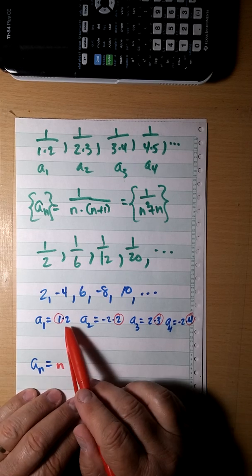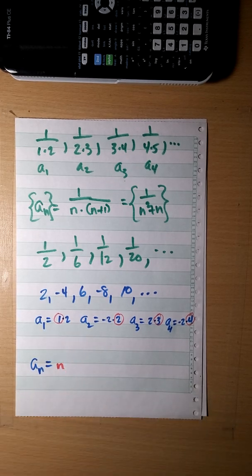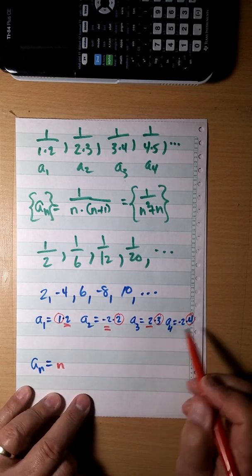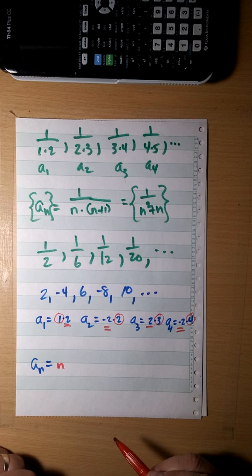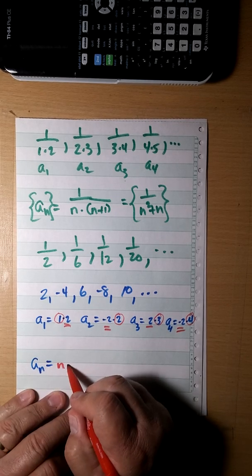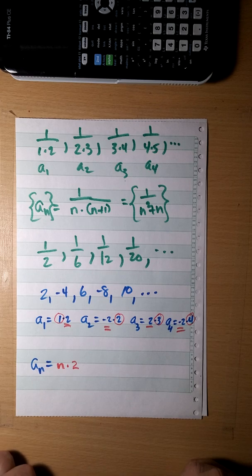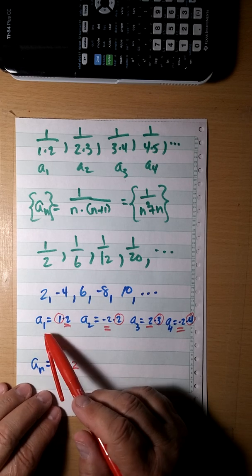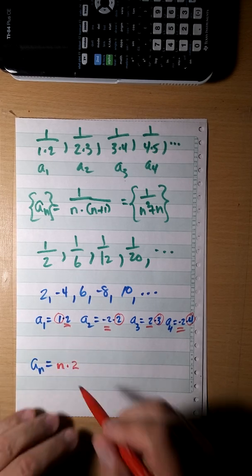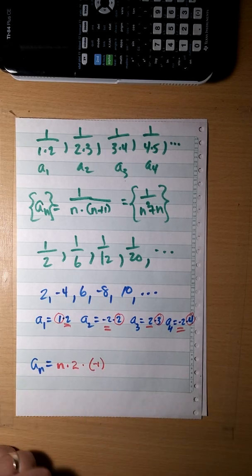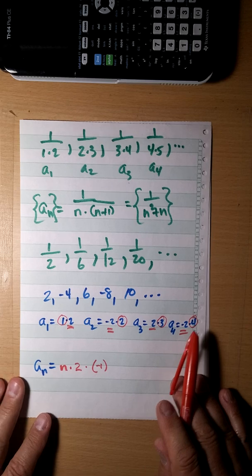Then I'm getting a 2, a -2, a 2, a -2. So I've always got a 2, so I'm going to multiply by 2. But now I've got to change signs every other one. Let's see. And the way to do that is with a -1. Now, if you take -1 to an odd power, you'll get a negative number.